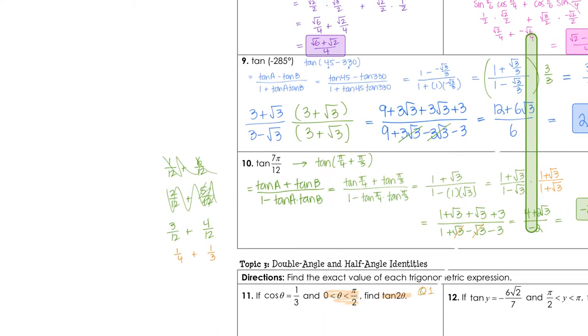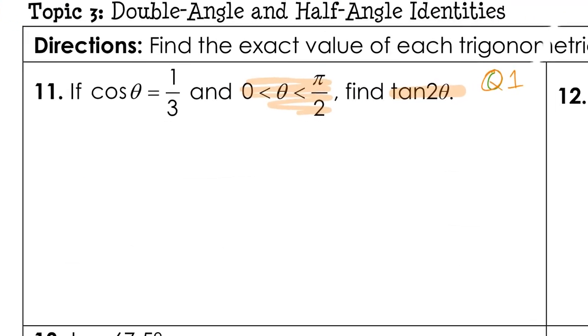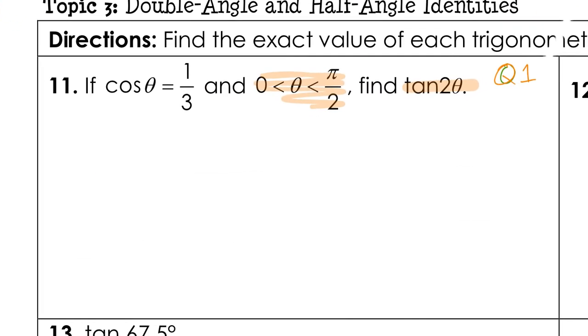Okay, so the way that we do that is that we know that that cosine that they gave us is x over r. Tangent is y over x. So we need to find y. So if we follow the Pythagorean theorem, let's plug in what we have and solve for y.